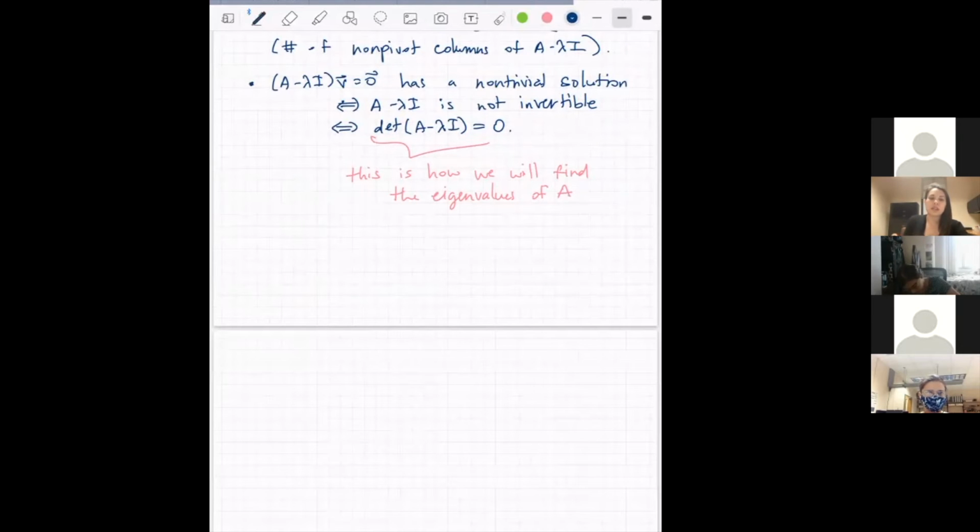And so this is moving into section 5.2, about the characteristic equation.